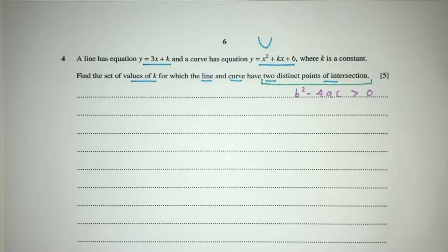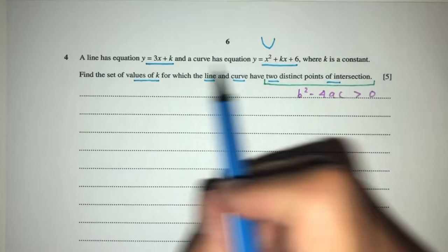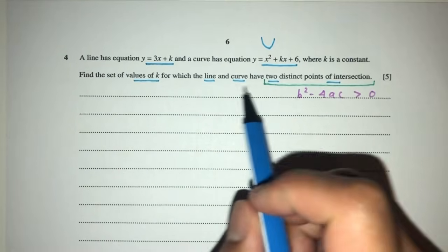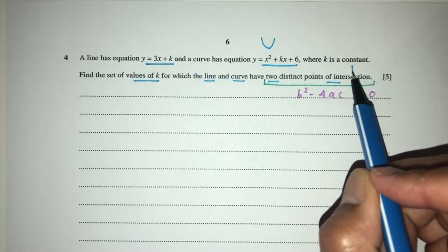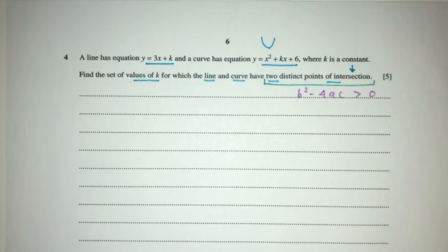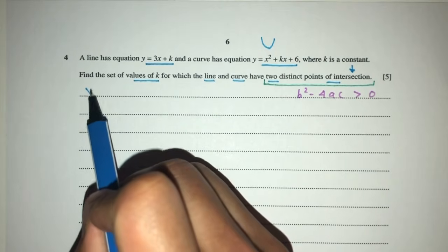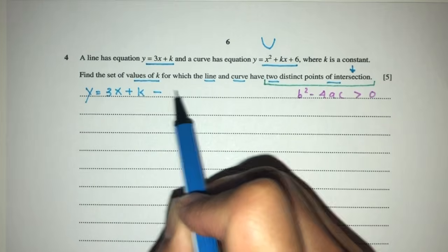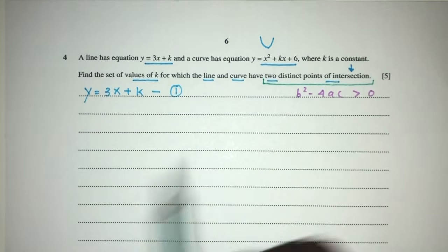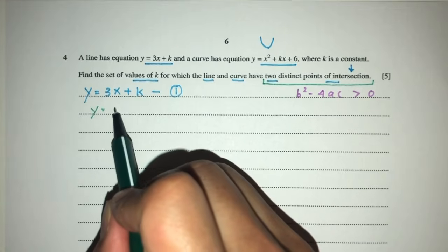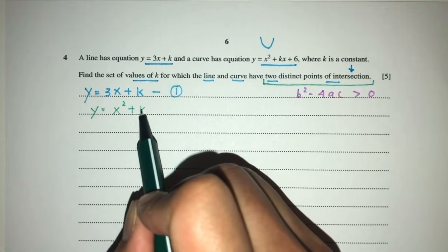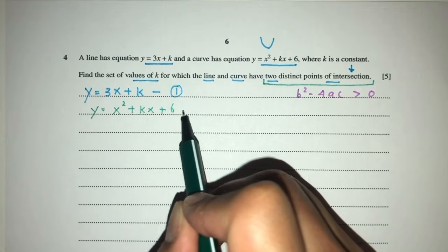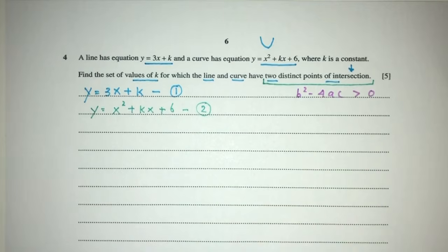Now let's see what we can do. Again, you can see the line has an equation and they have points of intersection. Whenever you see intersection, meets or cuts, we have to solve a simultaneous equation. So y equal to 3x plus k is my first equation, and y equal to x squared plus kx plus 6 will be my second equation.